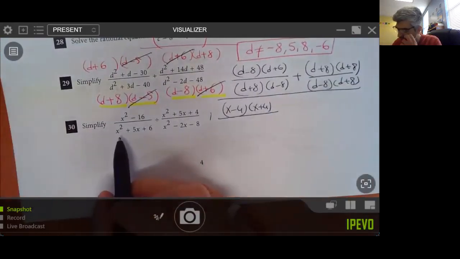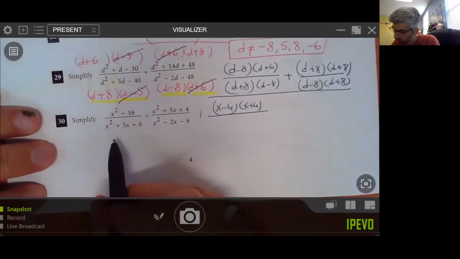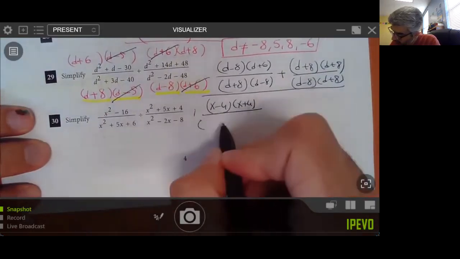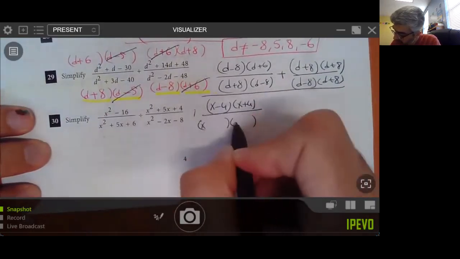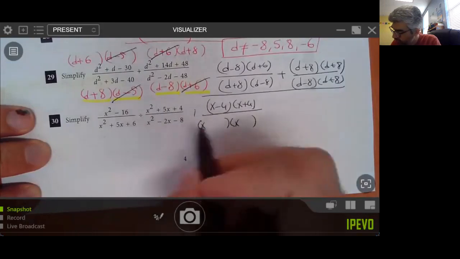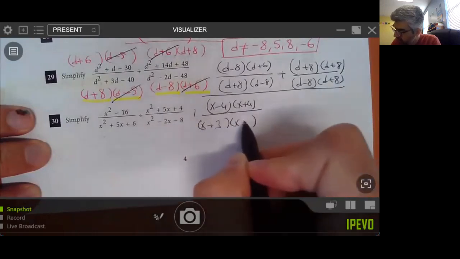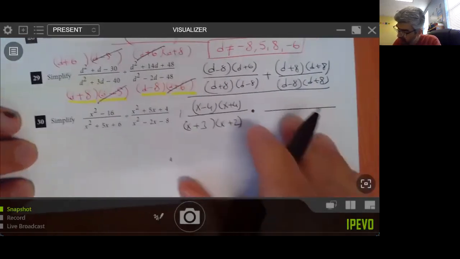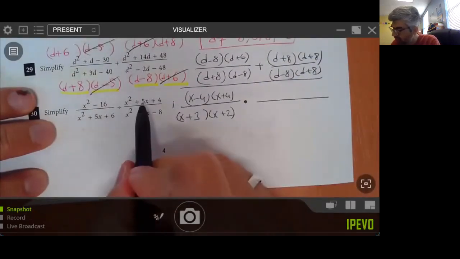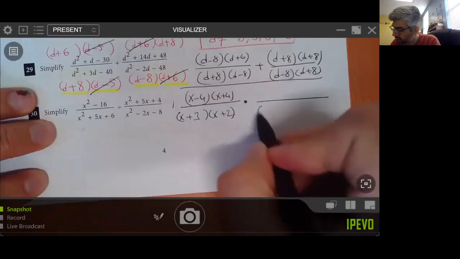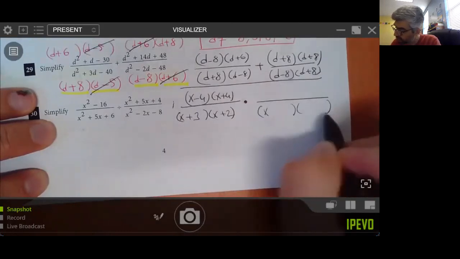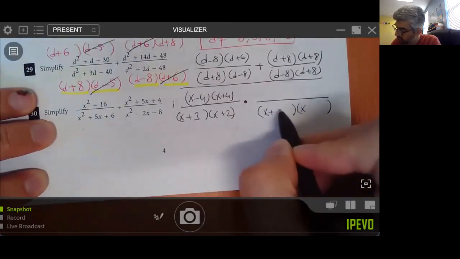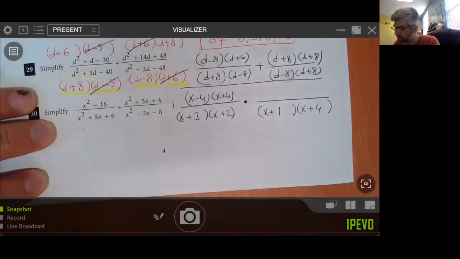So what are the factors here? We have, guys, x plus 3 and plus 2, times, so x squared plus 5x plus 4. I write it now in denominator. X plus 1 times x plus 4.